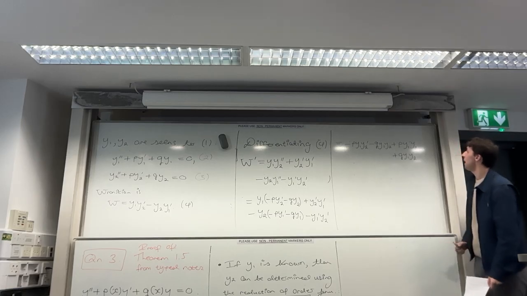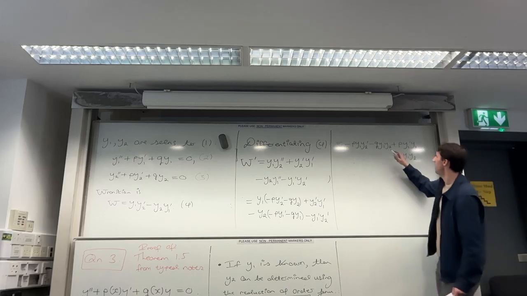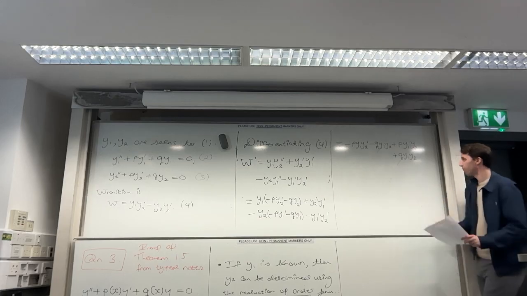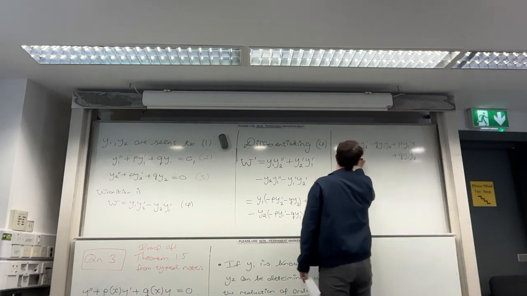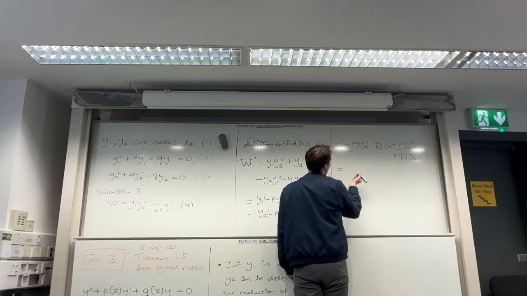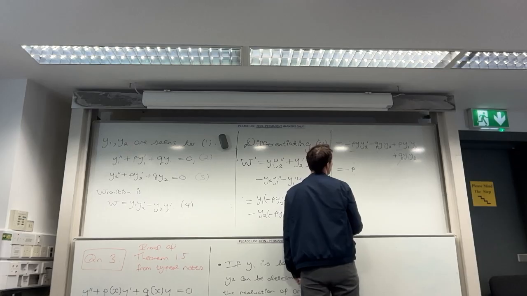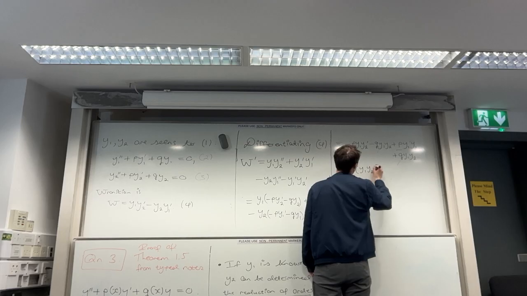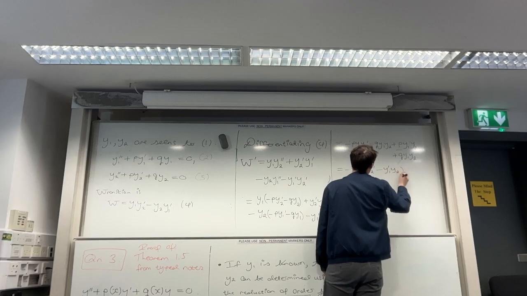Next, if we inspect this expression a little closer, we can notice that the second and third term will cancel each other out because they're both q y1 y2. And then we're just left with the first term and the third term. Well, notice these terms here have a common factor of p. So let's factor out minus p from both of these expressions. And that will leave us with minus p times y1 y2 prime minus y1 prime y2.